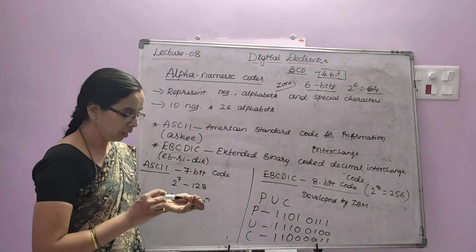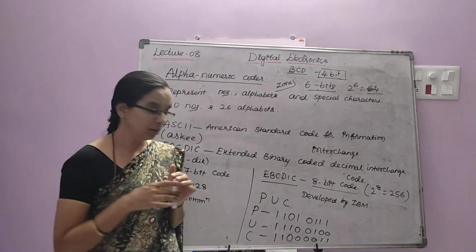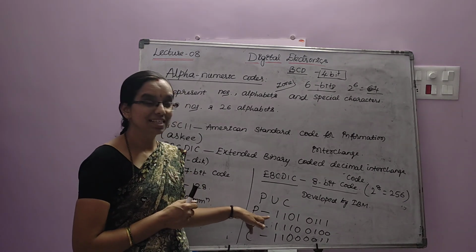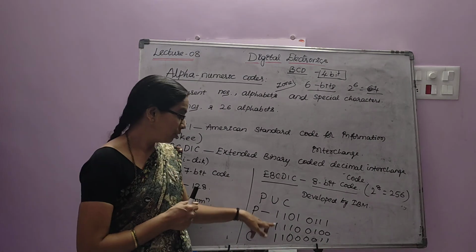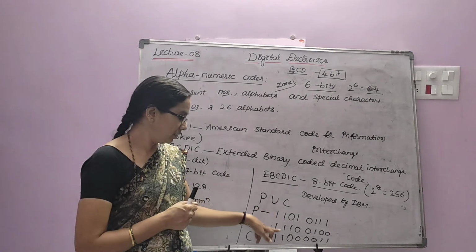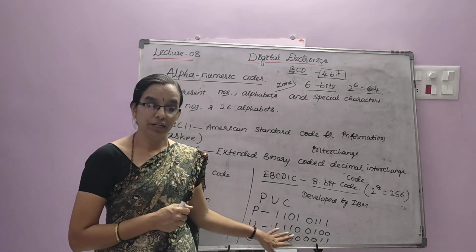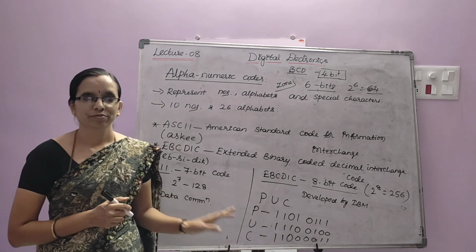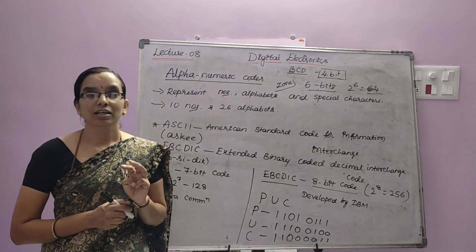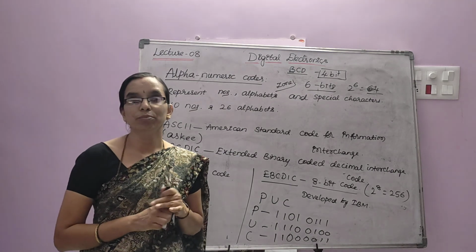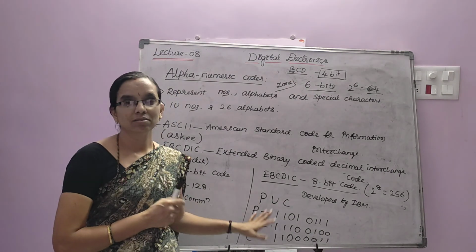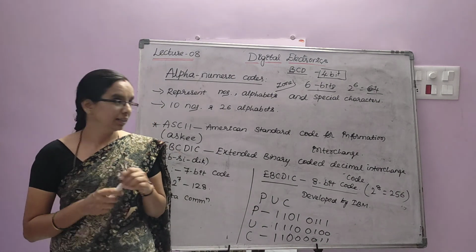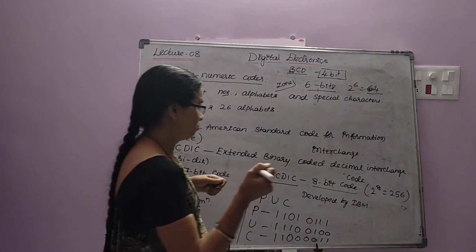So if you type PUC on the keyboard, the 3 alphabets will be saved as 8 bits each, so 3 letters are 24 bits. For 3 letters, the computer uses 24 bits to represent PUC. Like that, I'll give one assignment.